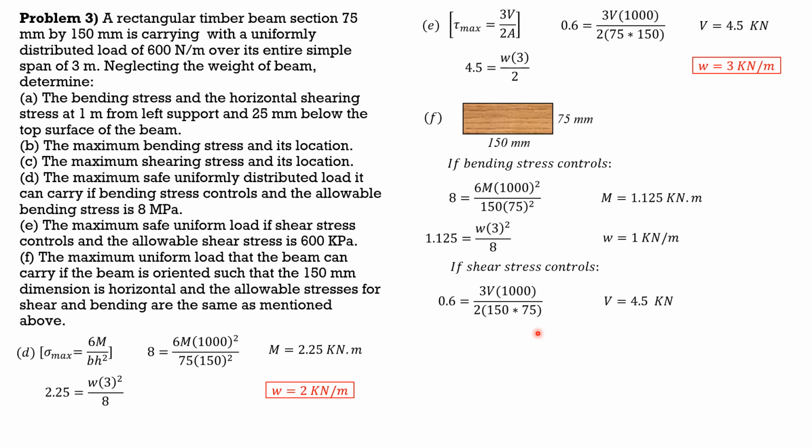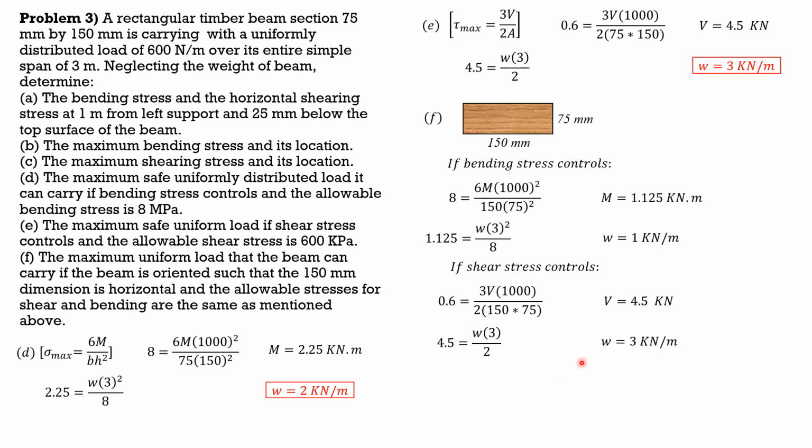So shear max is 4.5 kilonewtons, and it is WL over 2 in general, which occurs either just to the right or just to the left of the support. So 4.5 equals W times 3 over 2. So W equals 3 kilonewton per meter.